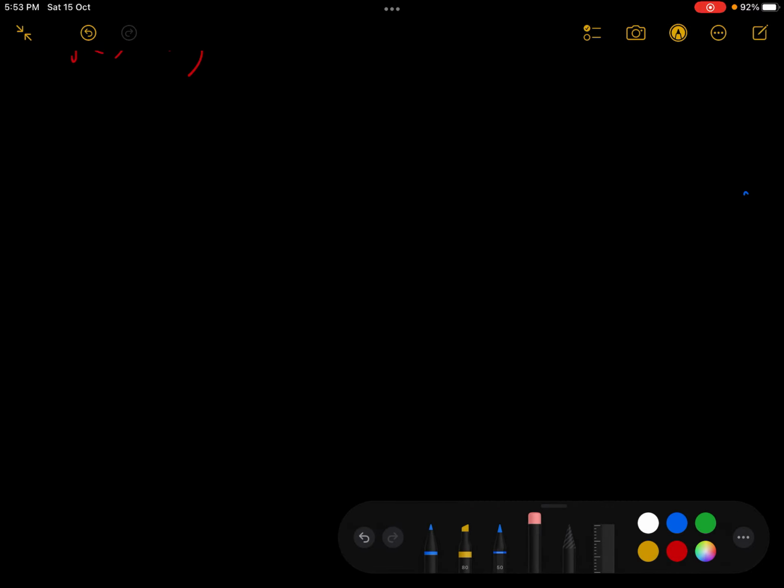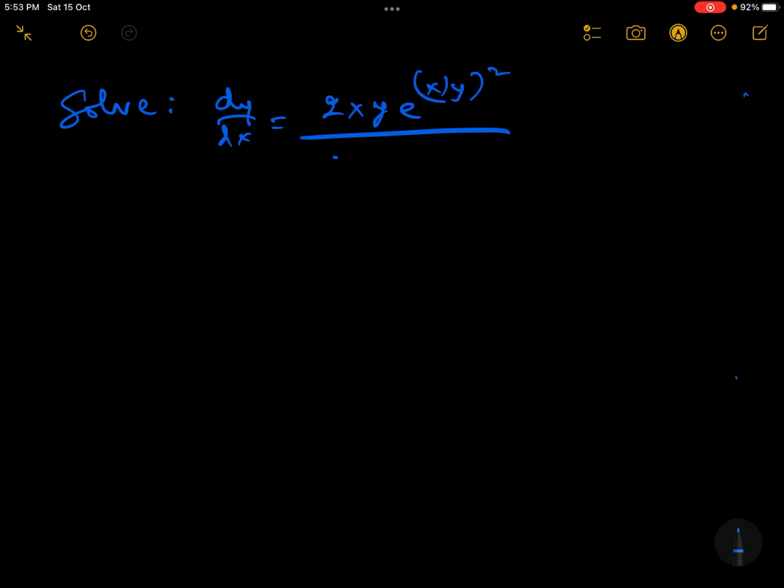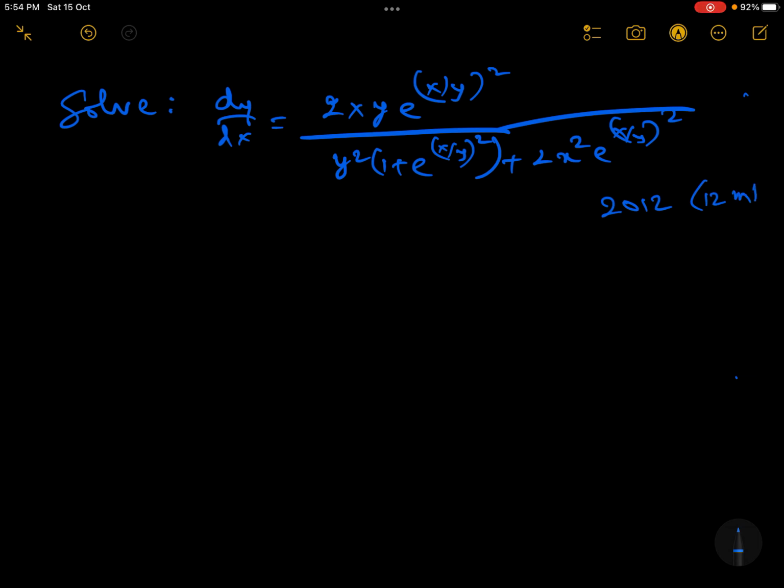The question is telling us to solve dy by dx equal to 2xy e to the power x by y whole square divided by y square into 1 plus e to the power x by y whole square plus twice x square e to the power x by y whole square. This is a 2012 question which was asked for 12 marks.